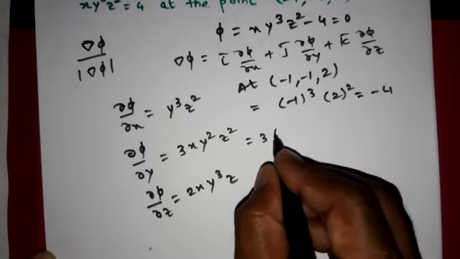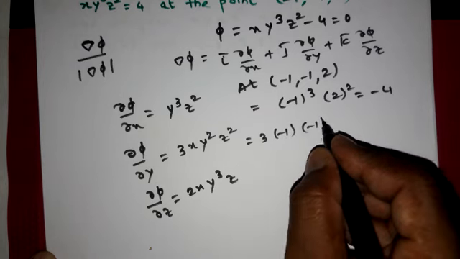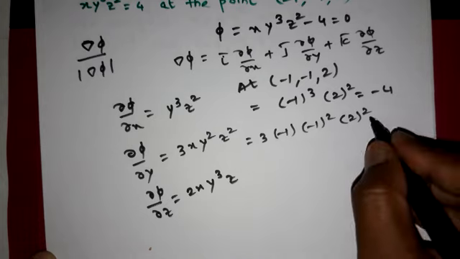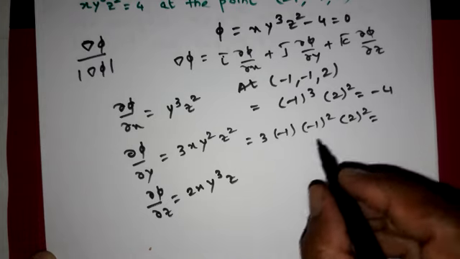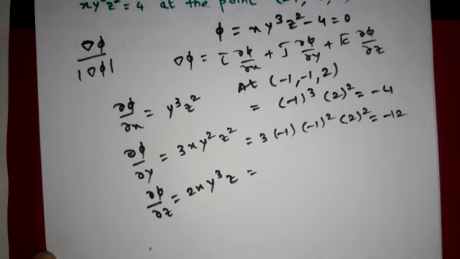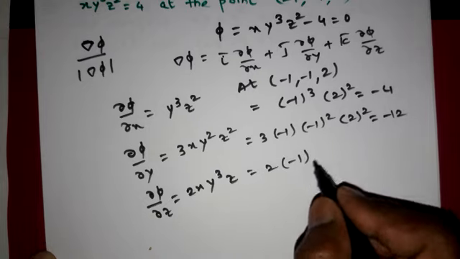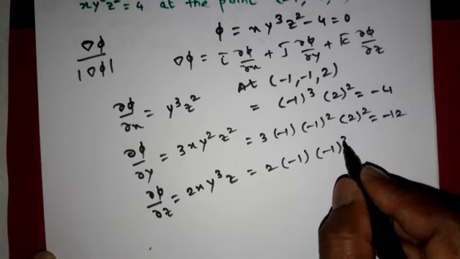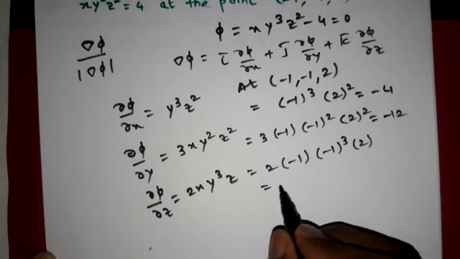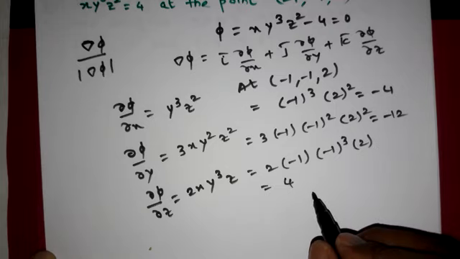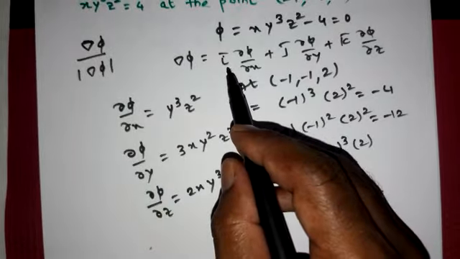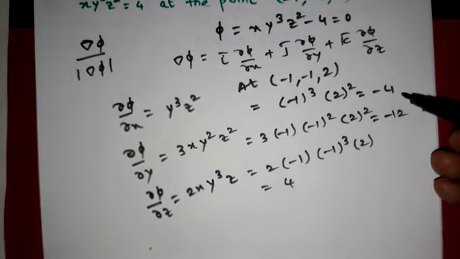Here 3 into (−1) square into 2 square, so 3 into 4, it is 12. Here 2 into (−1) cube into 2, so our answer is minus into minus, it is plus 4. Right? Now to write del phi, just take i bar, j bar, k bar with these 3 values.